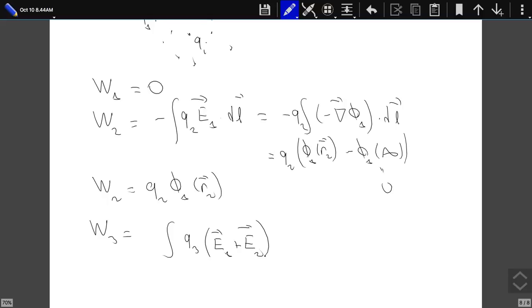If we want to bring this charge from infinity to its final point, we have to exert the opposite force. And the work done is nothing but the integral of this force over the path. And again, this will be equal to minus Q3 times, we can just write the electric fields as the gradients.